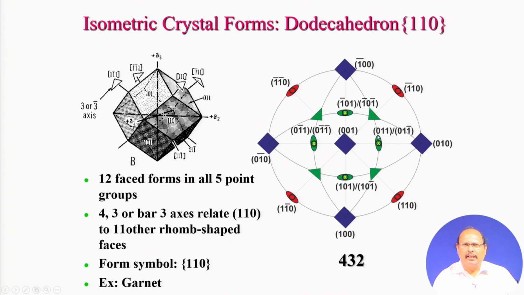Now, what will be the name of this face of this orientation here? So, if you see, this is the position here. In this position, it lies between the center, that is 0 0 1, and this is 0 1 0. So, immediately this face will have a symbol which is 0 1 1.